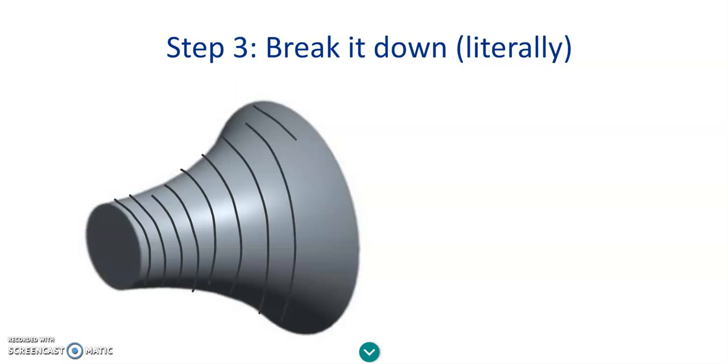This is a bit exaggerated, obviously. The width of these discs is dx. They have a radius r, and dx is such a small number that we're just going to ignore the change in radius of these discs as we go through them. We're just going to say that they're perfectly circular discs.